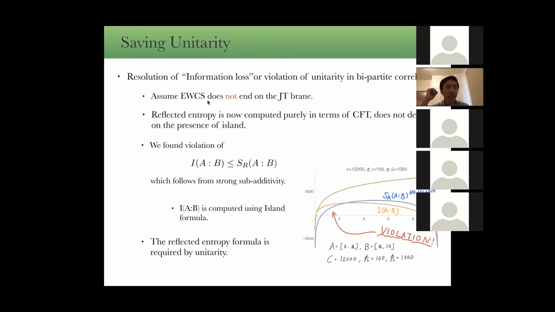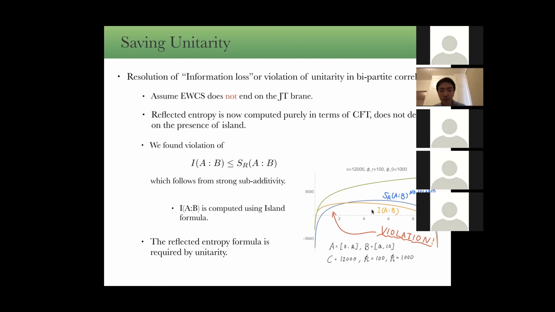So let's just assume the entanglement cross section doesn't end on the JT brane. Now the reflected entropy is computed purely in terms of the cross section, and it behaves as if there's no island. And this is the plot for the reflected entropy without island and mutual information.